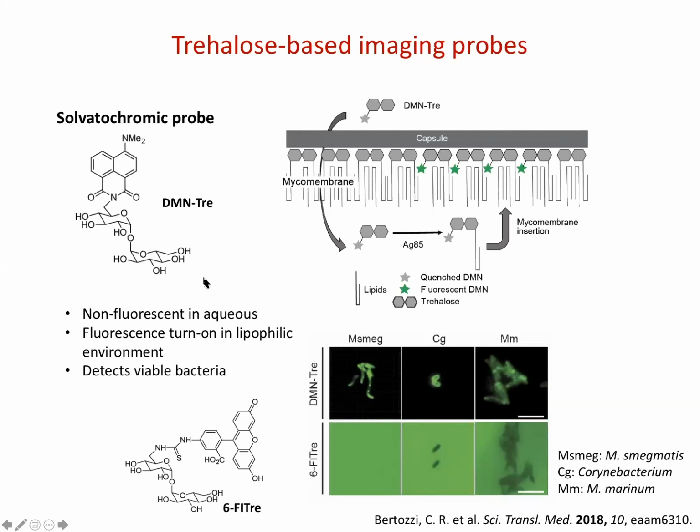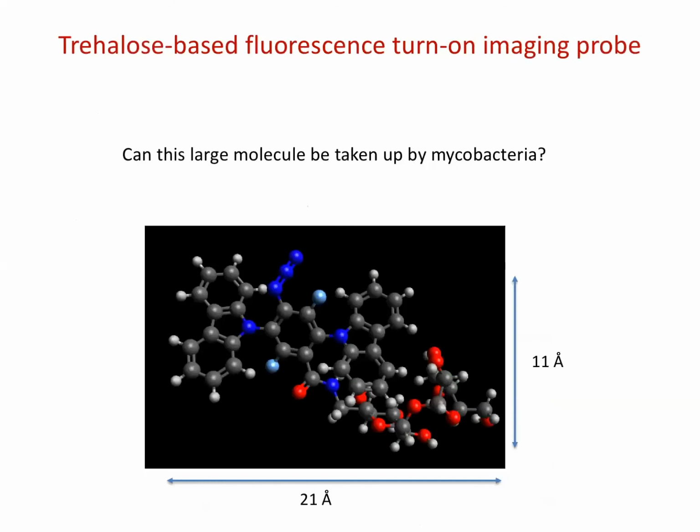This probe detects viable bacteria, and here they have the image of smegmatis, and they made a FITC derivative of the trehalose. In their case, they didn't see very high contrast, unlike the example I just gave you by Clifton Barry and Ben Davis.